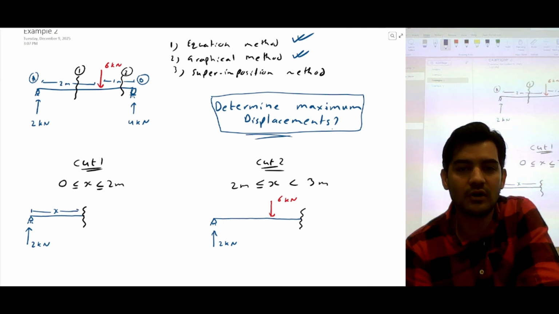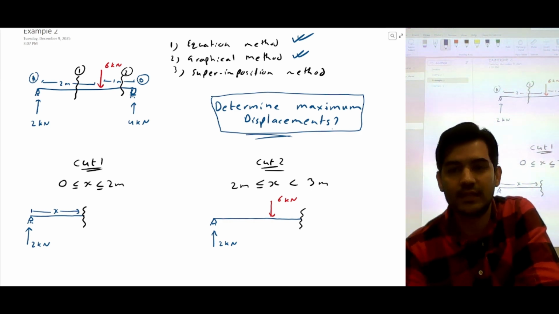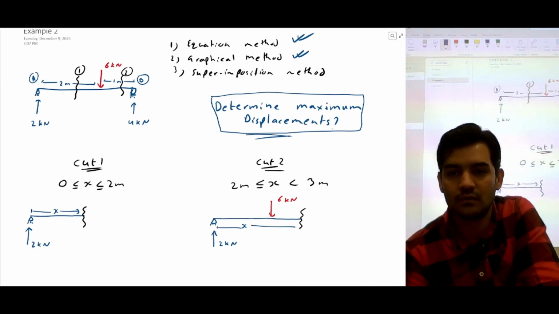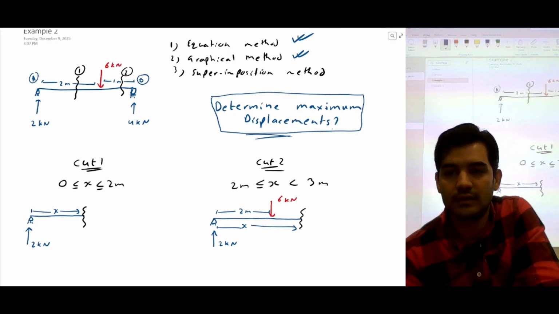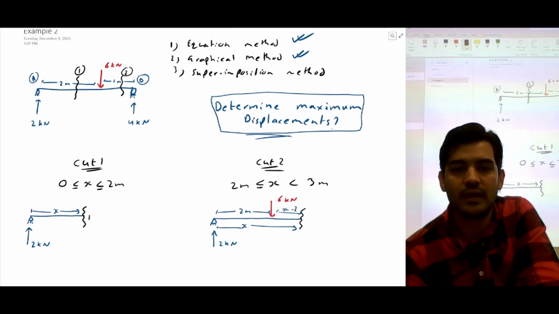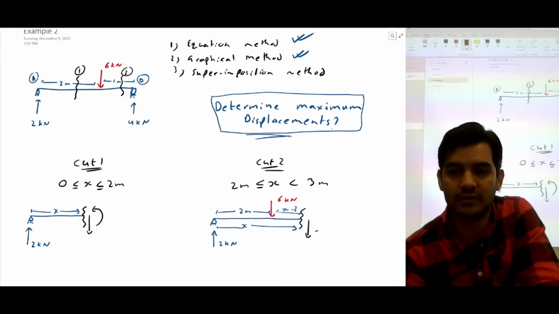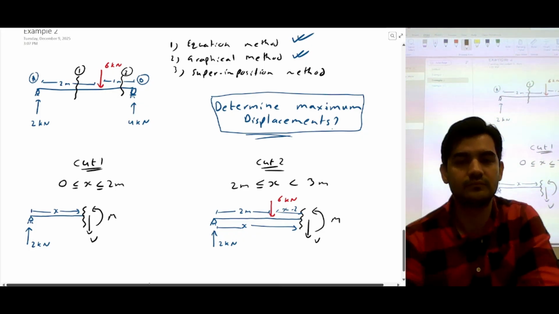So we're gonna call x till the cut. This distance is 2 meter, and this distance is x minus 2. And we have internal shear force and bending moment, which we are interested in. So we have shear force and bending moment. We have shear force and bending moment.